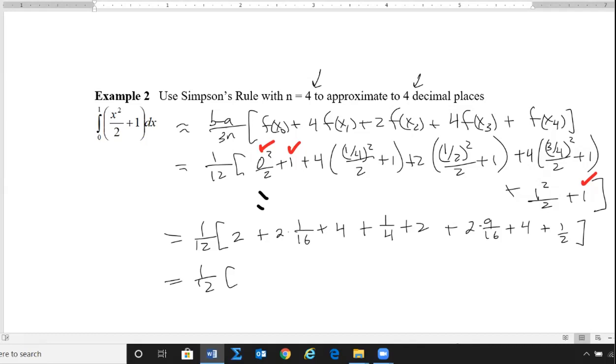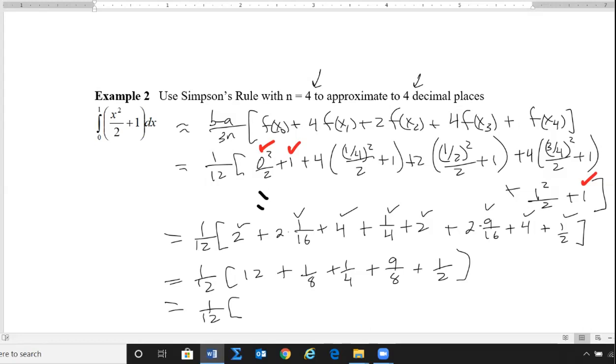Just arithmetic now. 2, 2. Okay, let's go this 2, 6, 8, 12. Okay, this is an 1/8 here. This is a 1/4. And this is 9/8 here. And this is a half over here. Okay, so that's everything. 1/12. Let's see.